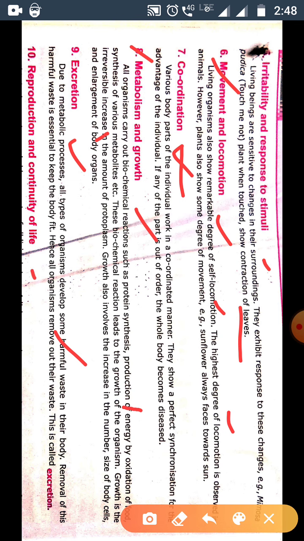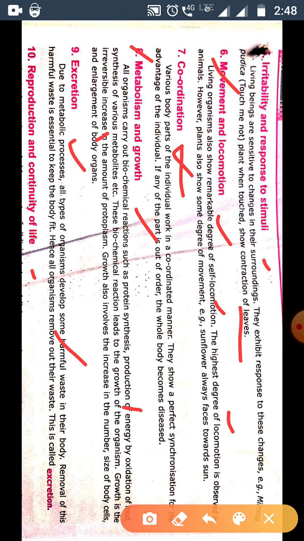Next common, important character is reproduction and continuity of life. All the living beings want stability and continuity of their species, so they reproduce.